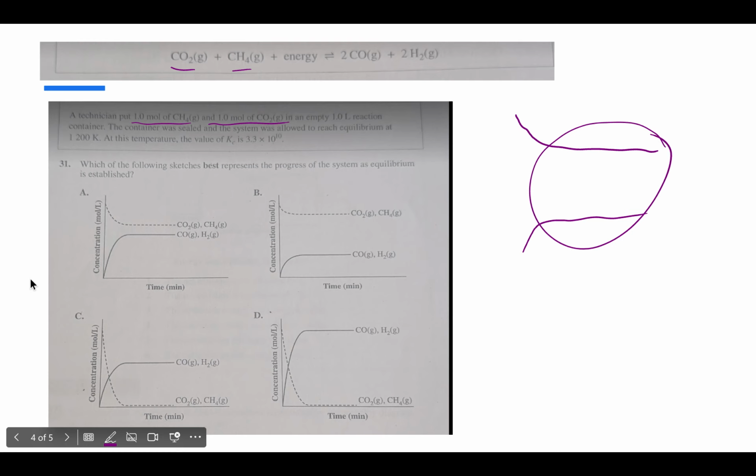Now, the only difference between the graphs is how fast that is happening. And this is based on the mole ratio. So because this is a 1, 1, 2, and 2 ratio, these products are going to form twice as fast as your reactants. So the only graph that does reflect that is A. Okay, so we are seeing that. I just want to make sure I'm not missing because the other ones are definitely not showing that.